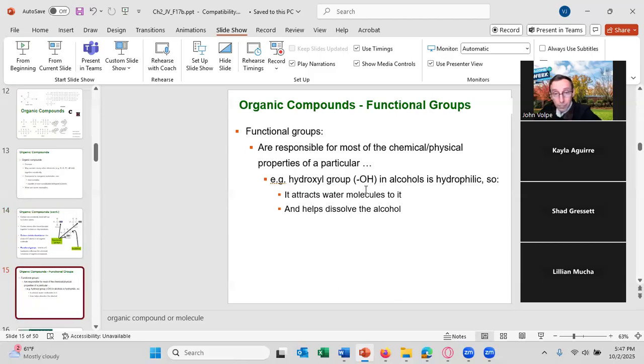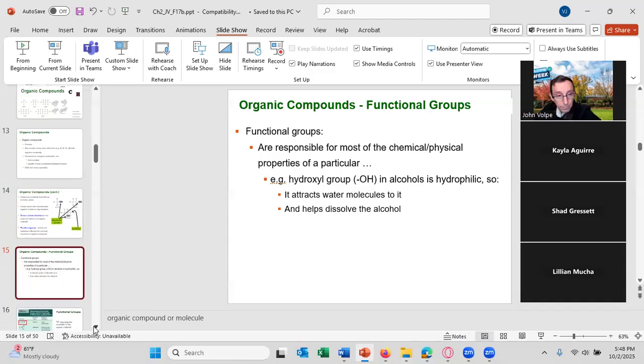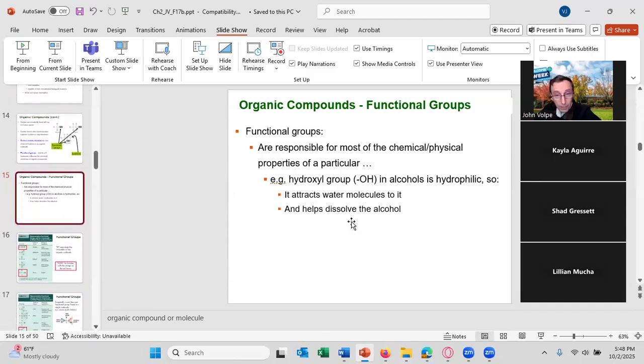The hydroxyl group is an alcohol, changing the molecule from nonpolar and hydrophobic to a molecule which is polar and hydrophilic. And that allows the molecule to dissolve in water. You might not be familiar with methanol, but I bet everyone's familiar with ethanol. That's the alcohol you can drink.